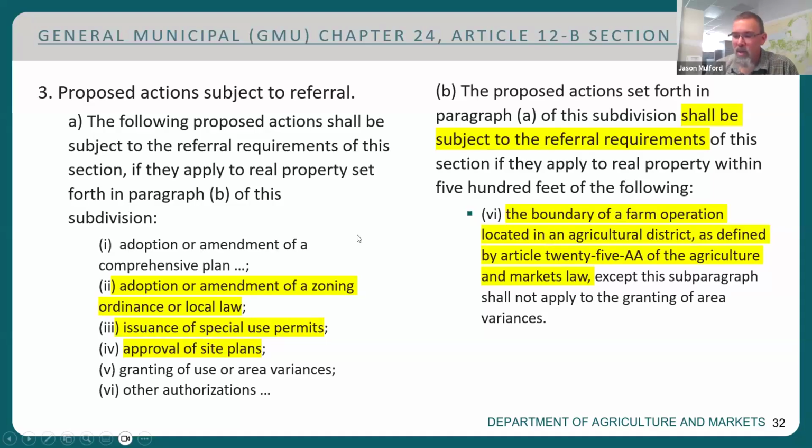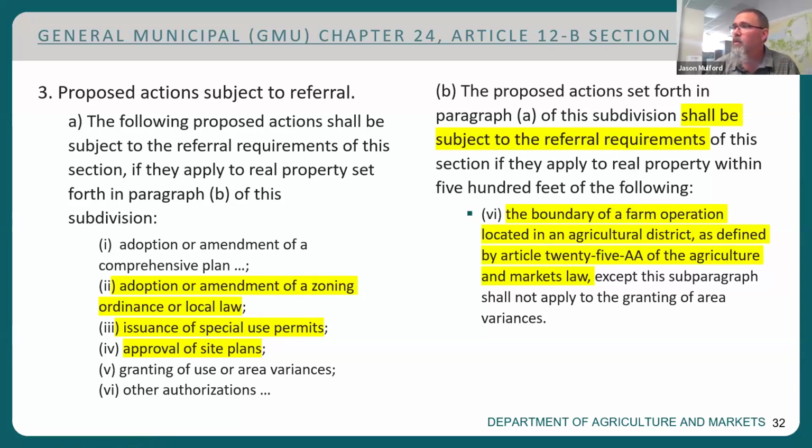Okay, in general municipal law, and this is something I learned of recently, the county has a potential to refer to the local municipality for any projects that they have an interest in.